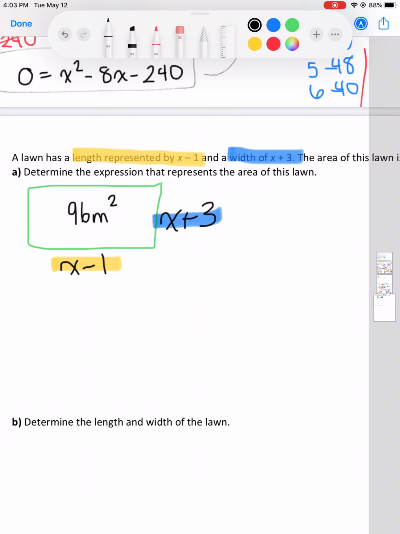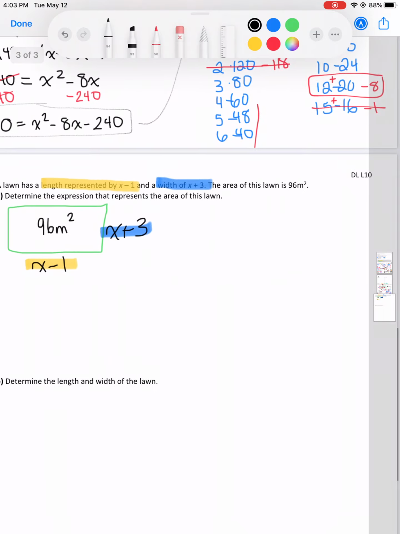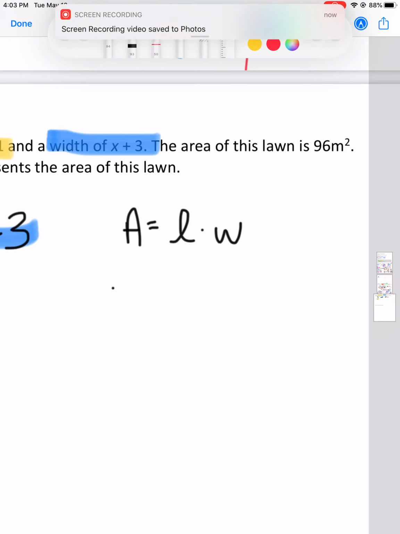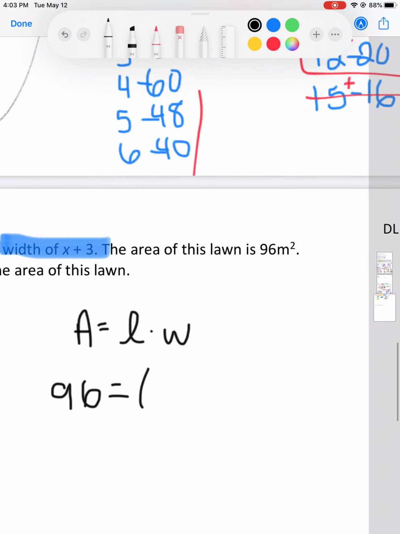So it just says determine the expression that represents the area of the lawn. Okay. So we know area is equal to length times width. Well, area is 96. Length is x minus 1.